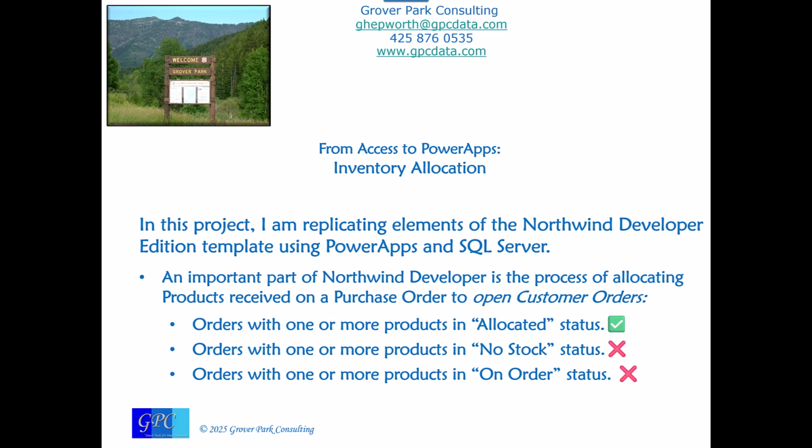In the Northwind system, products on open orders can be in one of three statuses. If we have enough stock in our warehouse to fill the order, while it is waiting to be shipped out, that stock is in allocated status.